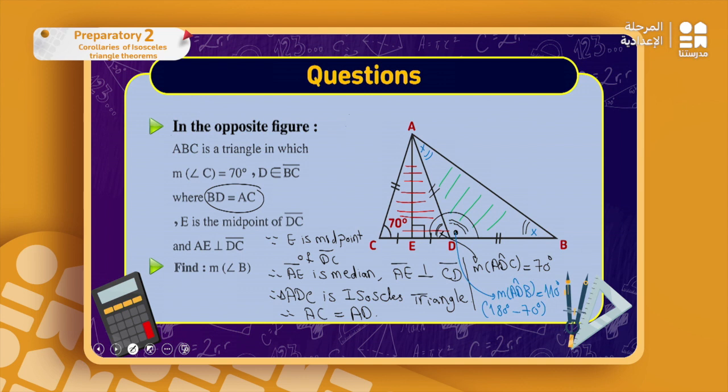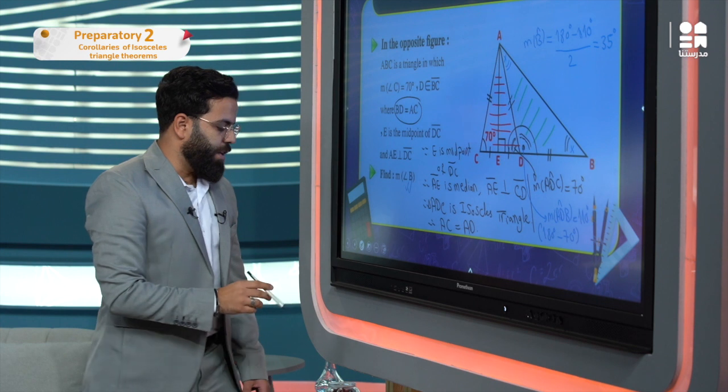So measure of angle B, which he wants, equals what? This is a vertex angle and this is a base angle. Measure of angle B equals 180 minus 110, the vertex angle, as we said in previous episodes, divided by 2, so it will equal 35 degrees, and this is the request.